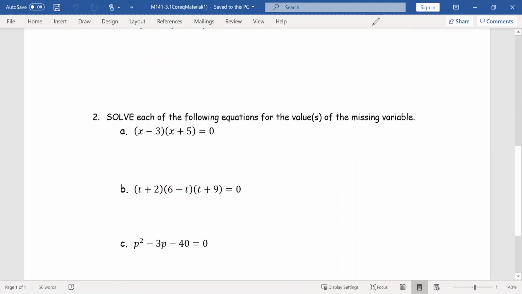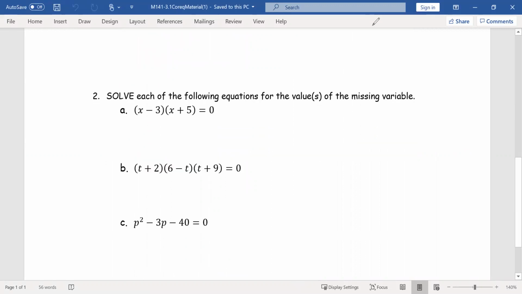Okay. Let's look at part 2. Again, I'm not going to go through all of this. In fact, I'm just going to look at the top one here. Notice now we have x minus 3 times x plus 5 equals 0, and we're asked to solve for the value or values of x.